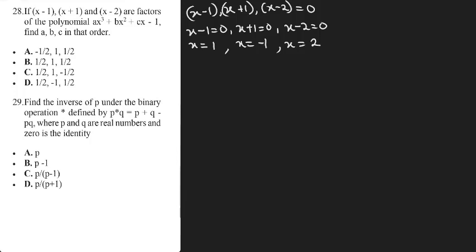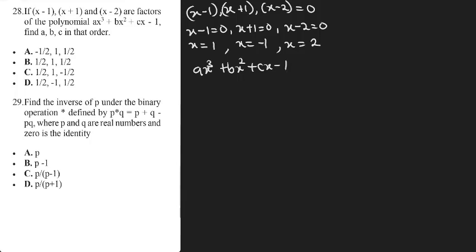Now what we're going to do is use these values to substitute into this polynomial equation. And what is the equation? The equation is ax cubed plus bx squared plus cx minus 1.